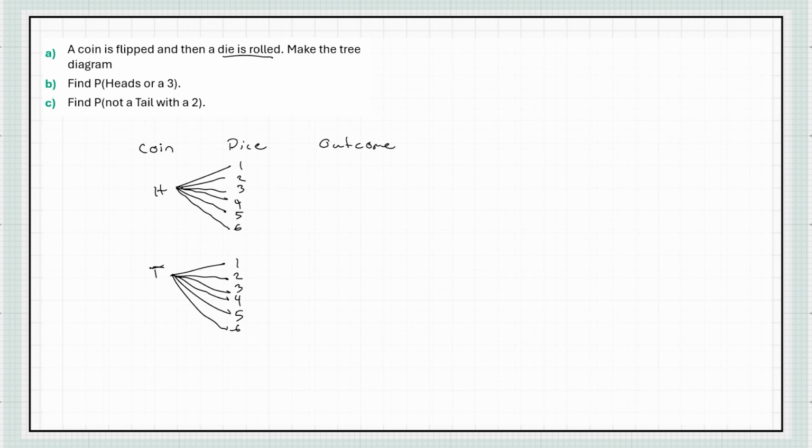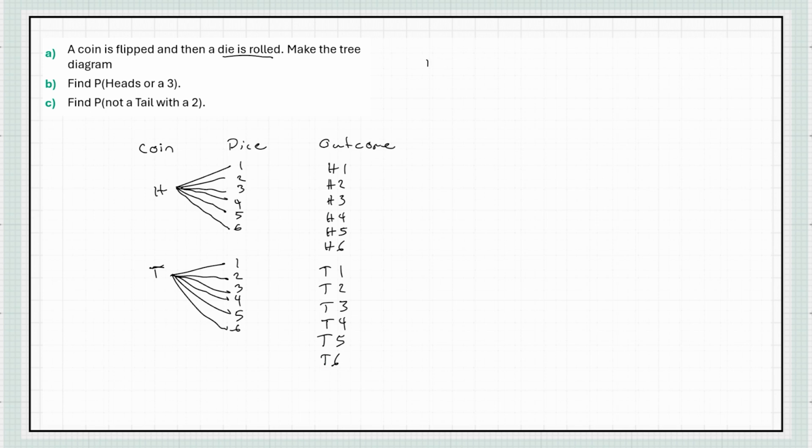Alright, there's a little makeshift tree. Our outcomes are H1, H2, H3, H4, H5, and H6, and then T1, T2, T3, T4, T5, and T6. There's our tree diagram. Now we have all our outcomes listed.